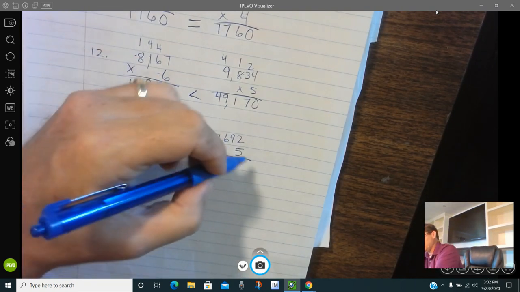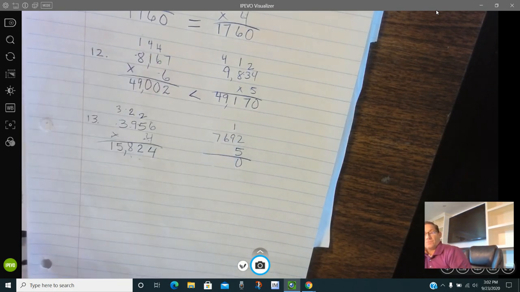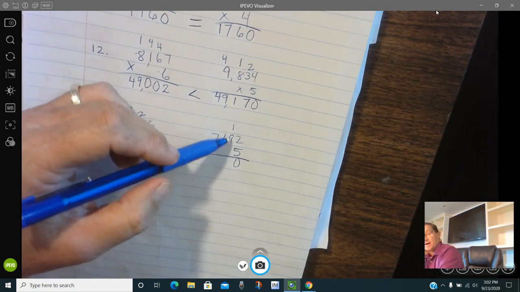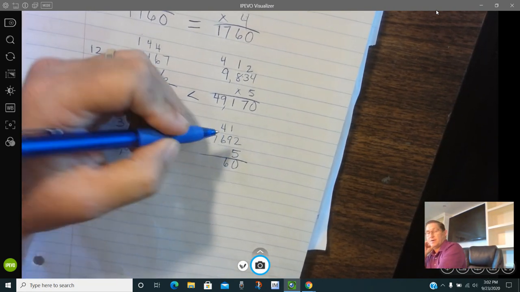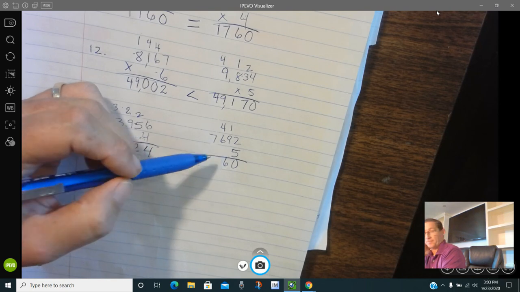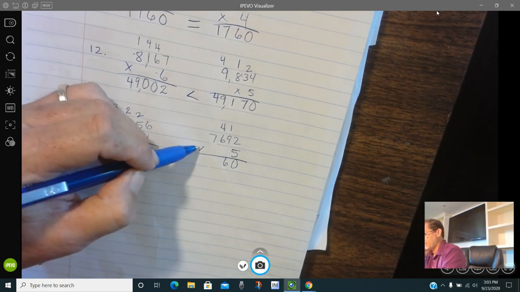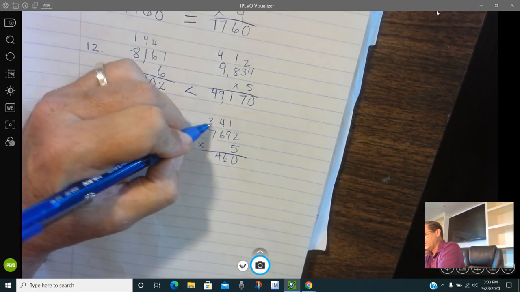Okay, compared to 5 sets of 2 ones is 10. Rewrite that as a 10 and 0 ones. 9 times 5 is 45, plus one more is 46 tens. We're going to regroup that as 4 hundreds and 6 tens. 5 times 6, 5 sets of 6 is 30, plus 4 more is 34 hundreds.